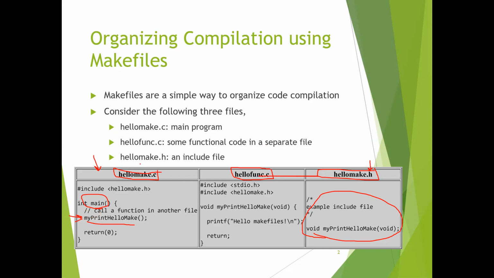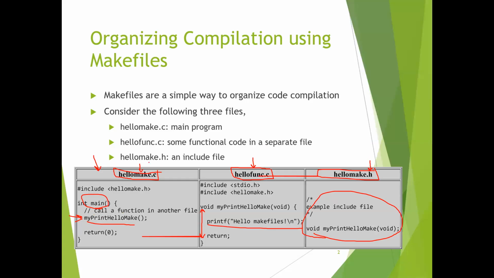In the same directory as hello-make.c, I have another file called hello-func.c. In that file, I have a definition of myPrintHelloMake, and as you see, it has a very small body. It just prints hello Makefiles, and it returns immediately. It doesn't do anything.